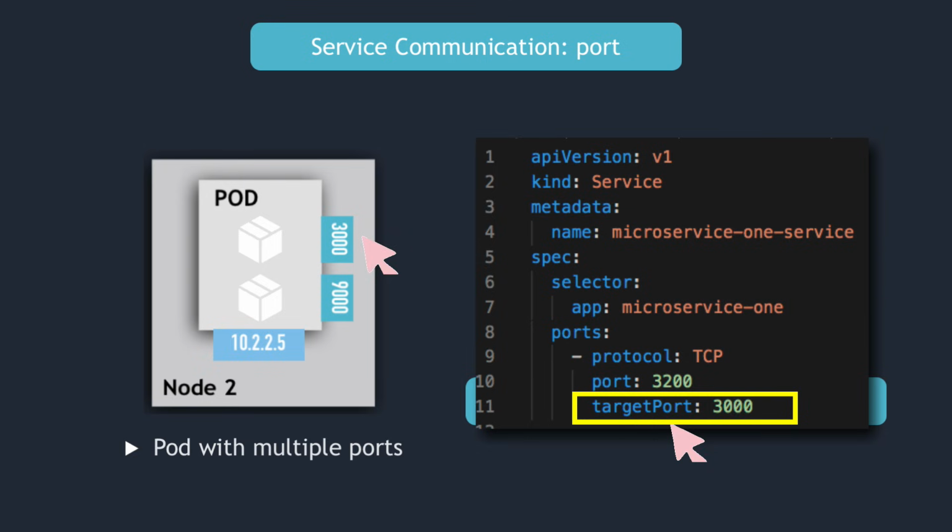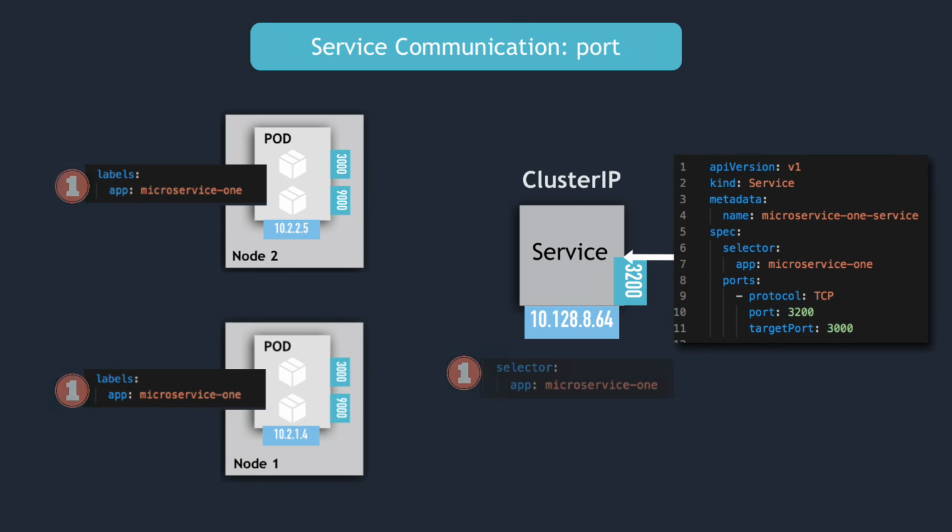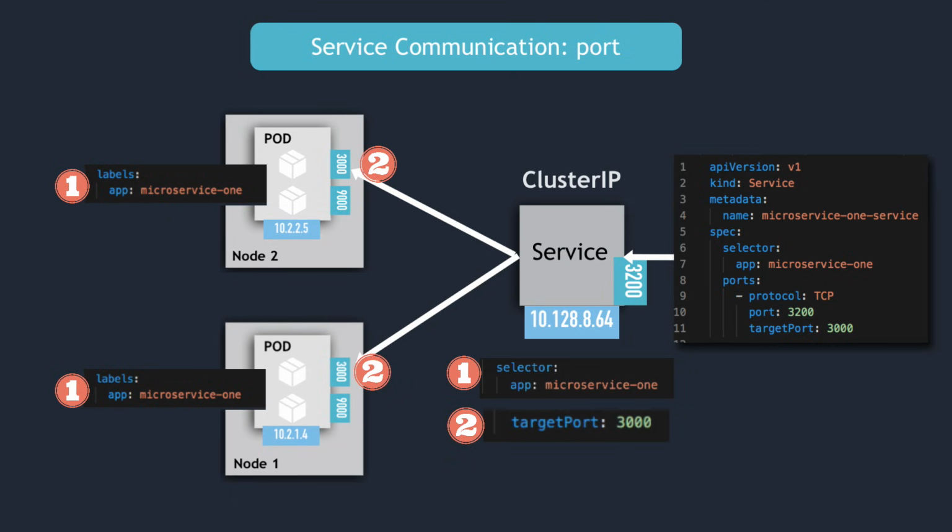What this means is that when we create the service, it will find all the pods that match this selector. So these pods will become endpoints of the service. And when the service gets a request, it will pick one of those pod replicas randomly because it's a load balancer, and it will send the request it received to that specific pod on a port defined by targetPort attribute.